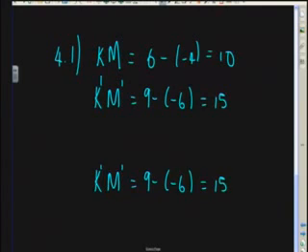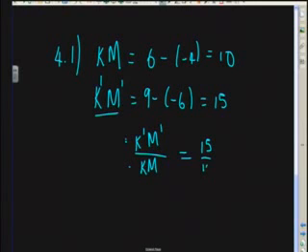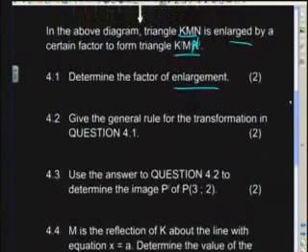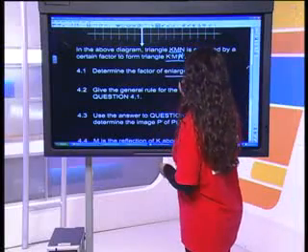I want the enlargement factor, so I take the new length and divide it by the original. Please remember, the new divided by the original. Don't go the other way around, you'll get the wrong factor. So we get 15 over 10, which is 1.5. Our factor of enlargement, which is what they asked for, is 3 over 2 or 1.5.